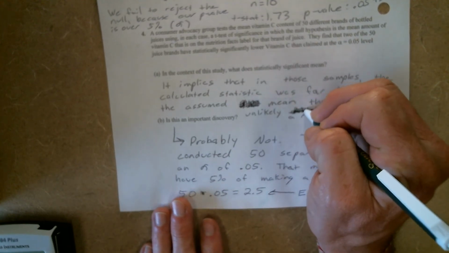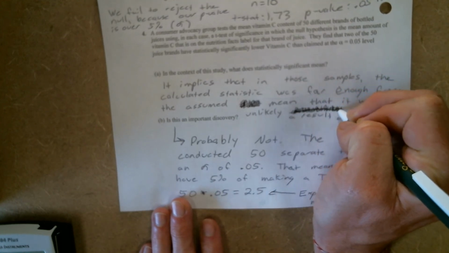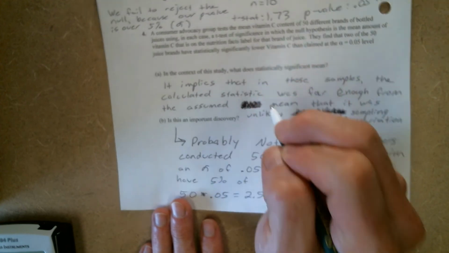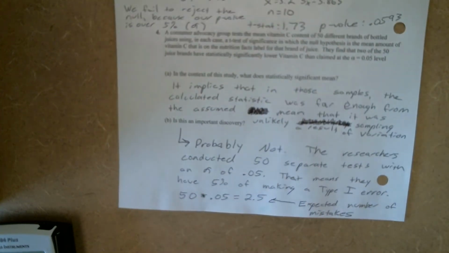So the fact that you got 2, well, we don't know that they're type 1 errors, but the fact that you found 2 that are statistically significant might not actually be meaningful. All right, that's where replication is important. And you'd probably have researchers go back and retest those brands and see whether the result is consistent, or whether it was probably just a fluke from the one weird sample that you collected.